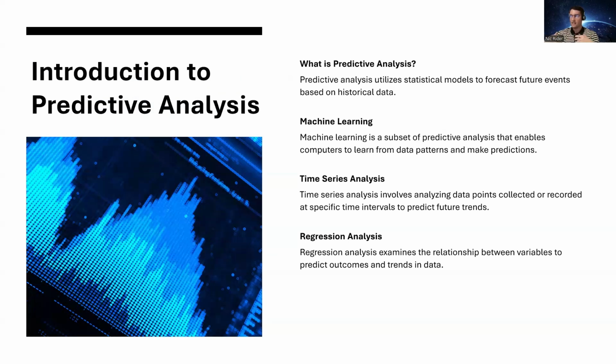And then we sort of talk about what predictive analysis is. It's statistics to forecast future events based on historical data. So what this would be in your business would be getting the historical base data and performing regression analysis or a multiple linear regression analysis in addition to a confidence interval to determine future sales within the business, and then talking about using other forms of machine learning to do that. Time series analysis, involving analyzing data points collected or recorded at specific time intervals to predict future trends.